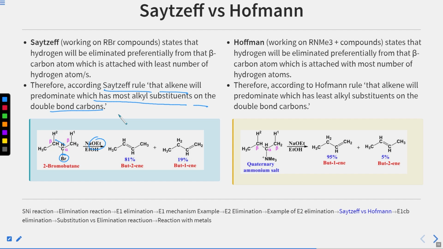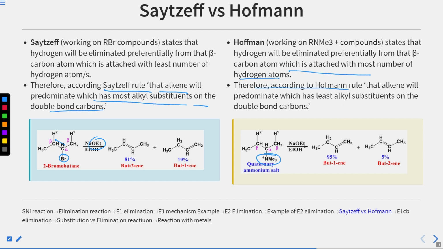Now, the opposite is about Hofmann. How does Hofmann work? For that you have to take this kind of substrate rather than this one. Now the hydrogen will be eliminated preferentially from the beta carbon which is attached to the most number of hydrogen atoms.